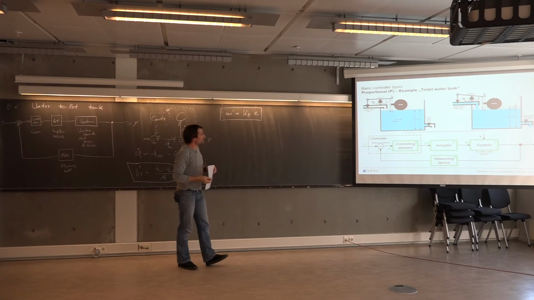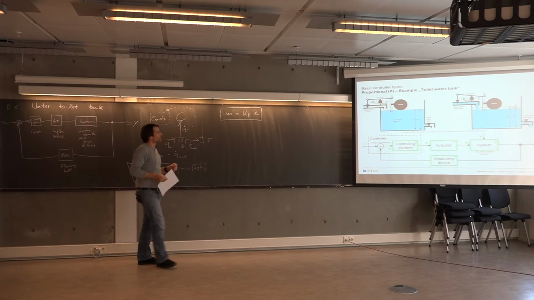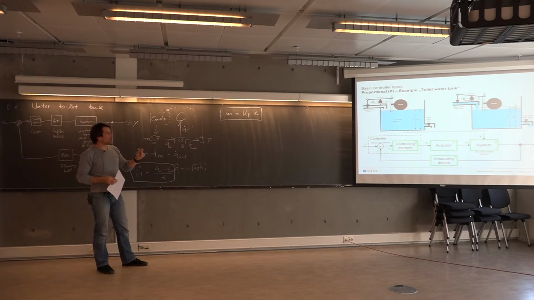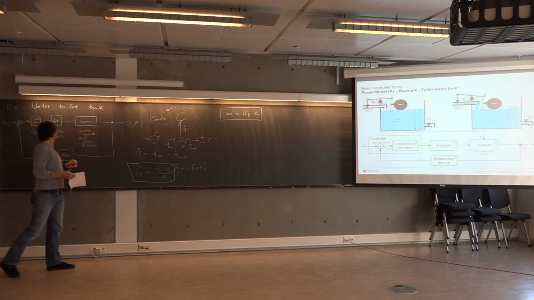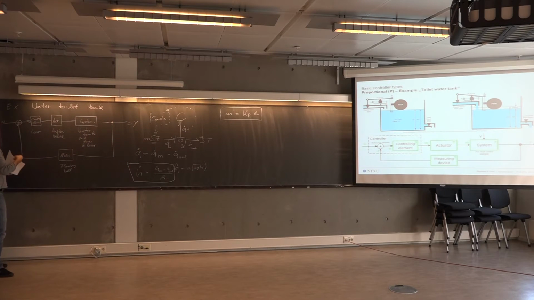There's a linear relationship between the change in water level height, or better to say the error, as we have defined it here. We have the feedback variable, which in this case is pretty much equal to the water level height.